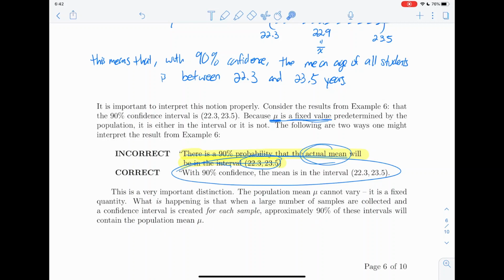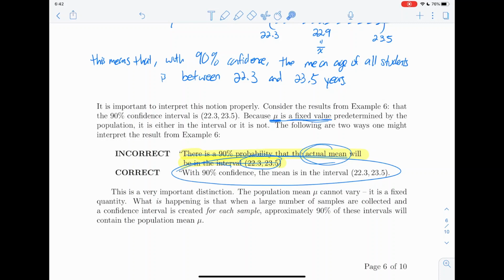It's a very, very subtle point, but a very important point when it comes to trying to actually tell people what you're trying to say. So please keep this in mind if you ever get asked to interpret or explain what it is you're doing.